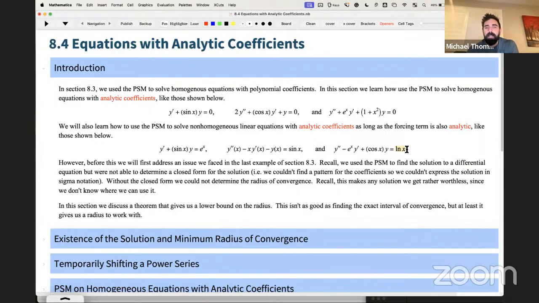So there is this thing we can do. There's this theorem which will basically give us a minimum bound, or a lower bound, on the radius. So it'll give us at least something to work with. That'll be the first thing we talk about. It's better than nothing. We won't know the exact interval of convergence, but at least we'll have a lower bound on it.